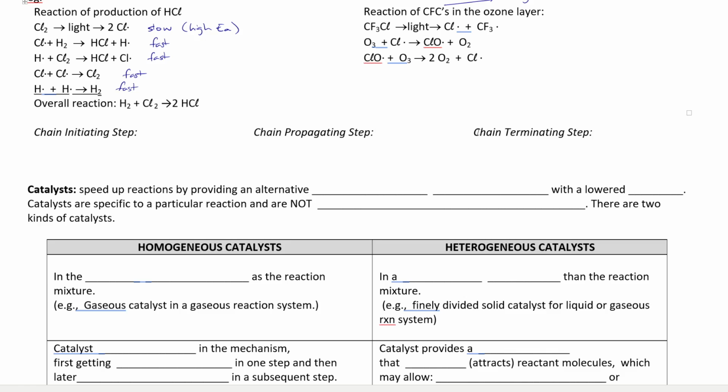So a chain initiating step is effectively a reaction or step that forms a free radical, whereas chain propagating steps are steps that continue the reaction mechanism.